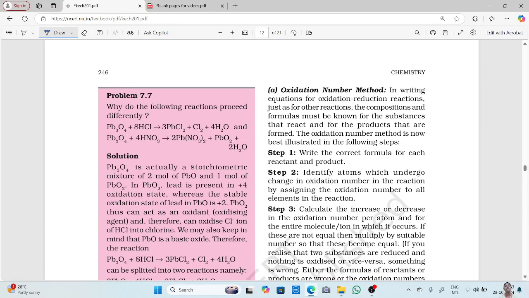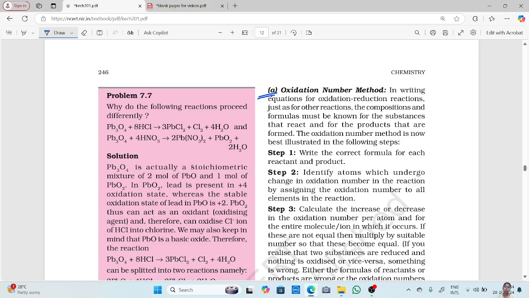First, let's see the method with oxidation number, or the oxidation number method. In writing equations for oxidation reduction reactions, just as for other reactions, the composition and formulas must be known for the substances that react and for the products that are formed. So in general, if you are balancing any reaction, you should know the equation.